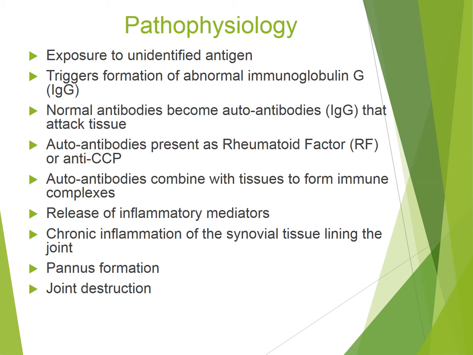So I look at it all as just being a chemical mediator. So histamine, bradykinin, and that kind of stuff. So they release chemical mediators, and these chemical mediators are pro-inflammatory. Okay, what do I mean by pro-inflammatory? They cause inflammation.